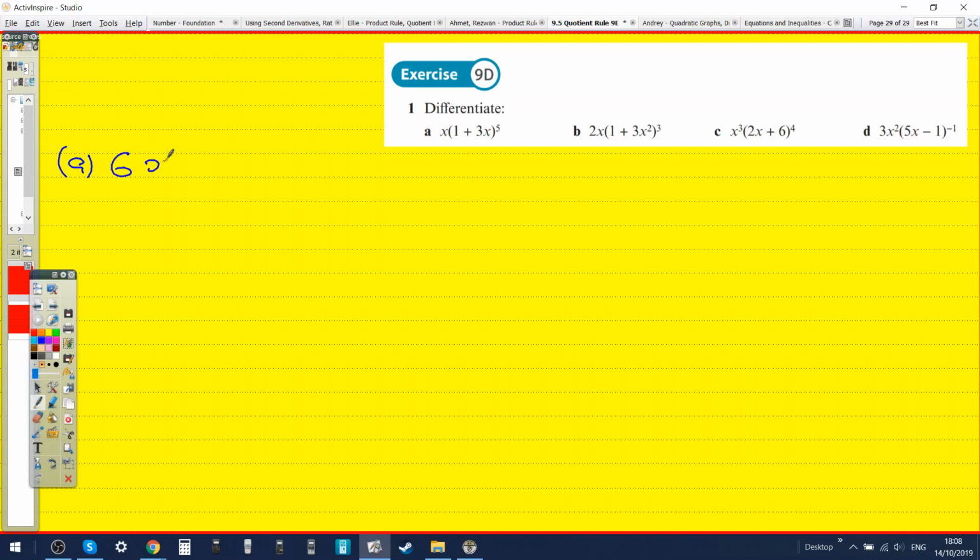Yep. So derivative of minus 1. So 5 times squared.